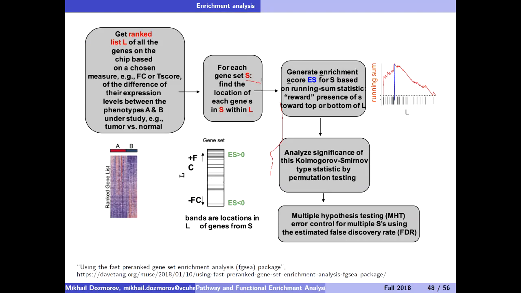Is it the only way? Can you rank genes by some other means? Yes. For example, you may say, well, I don't believe that my genes are just acting in one direction, that all up-regulated genes must be in a pathway, or all down-regulated genes must be in a pathway. It may be a mixture of them.